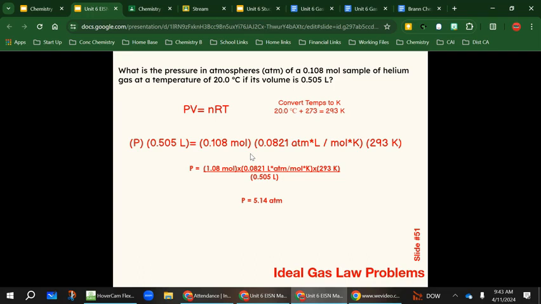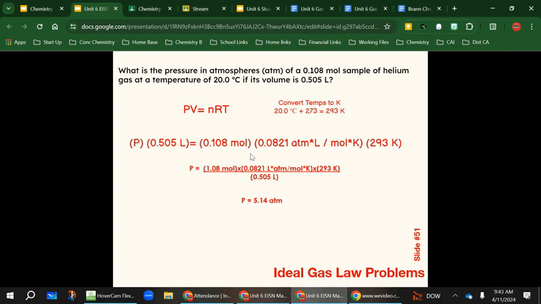Why? Because now remember, if we were to solve this for R, it would equal P times V over T times N. None of these units cancel each other out. So that is why all four of them appear here. None of those units cancel anything out.